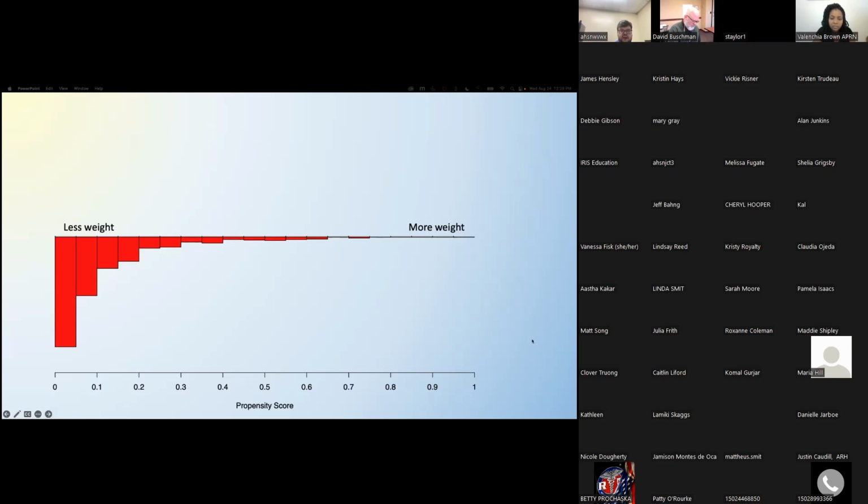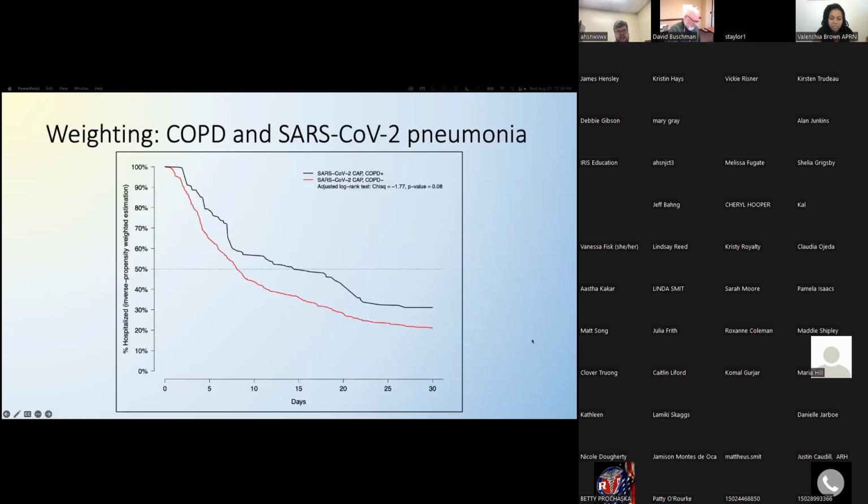And so an example of what some of the analysis looks like for that. So for this, here we have an inverse propensity weight adjusted Kaplan-Meier curve. So we have COPD as the black line, the red line is non-COPD.